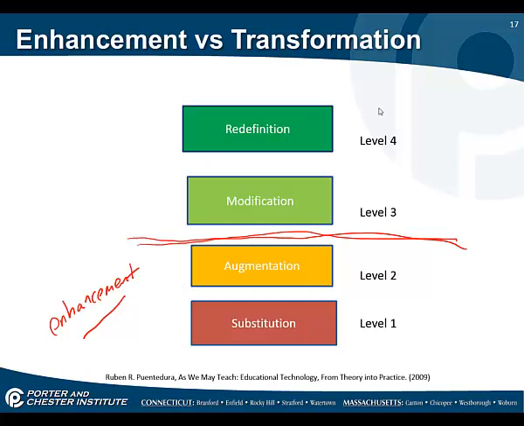Everything up for level 3 and 4 is what we call transformation. Transformation is just another word for change. And it's a positive change. Transformation is when we talk about getting things to the next level. We're modifying, we're redefining, we're revisiting how we do things. And this becomes very important in 21st century learning.